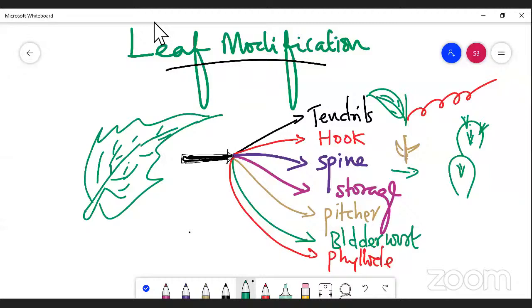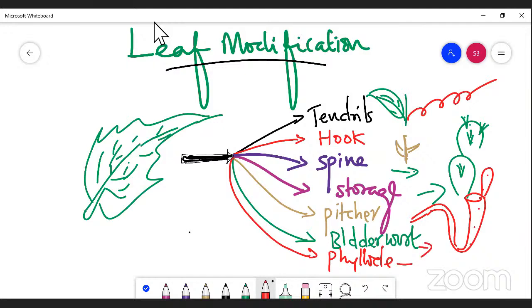Sometimes water and food materials are stored, that is a storage leaf. Sometimes the leaves are modified into blade-like or bag-like structures. It is also a modification of leaf. This is called a pitcher, or Nepenthes. And pillow you can see, and bladder.